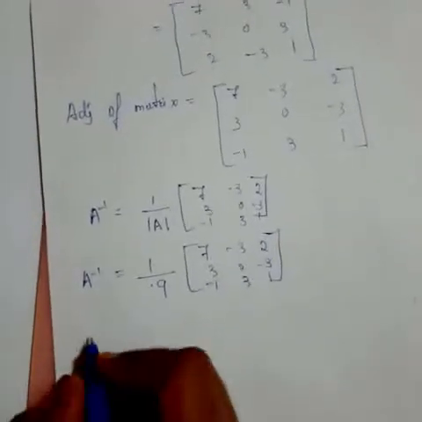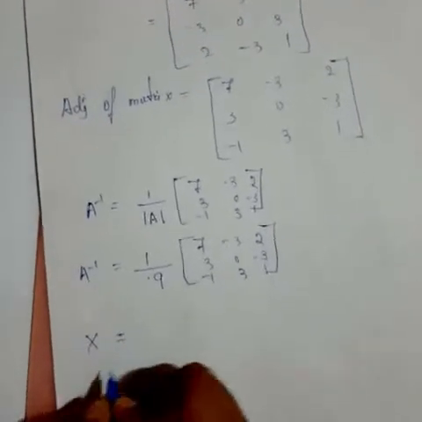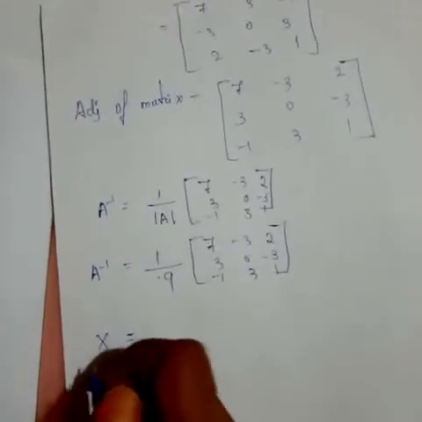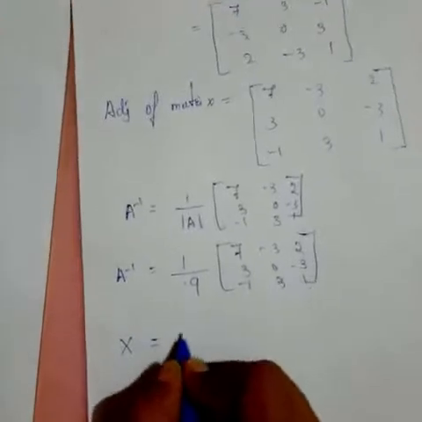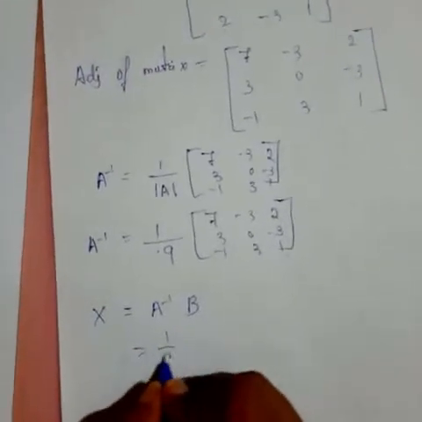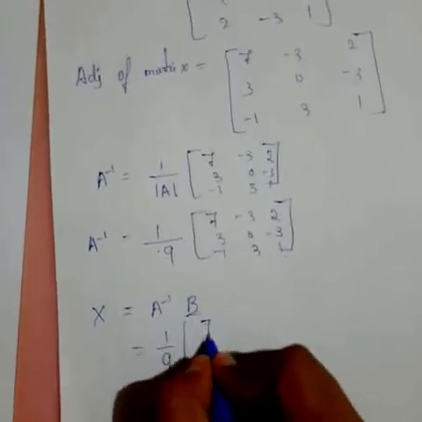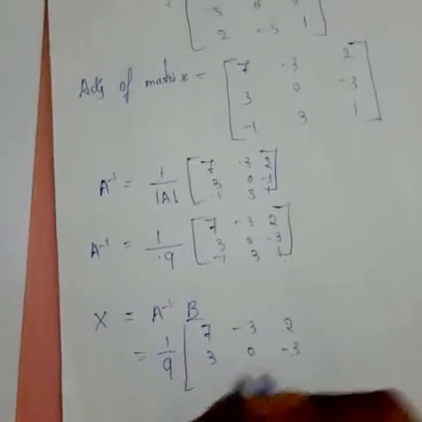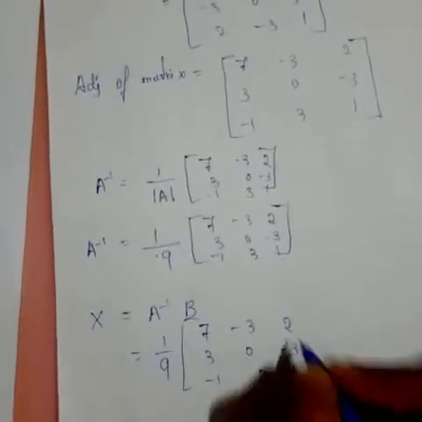Okay, next using this, the system of linear equations we can reduce to Ax equals B, so x is equal to what? The formula is A inverse into B. A inverse we just got, that is 1 by 9 times 7 minus 3 2, 3 0 minus 3, minus 1 3 1.